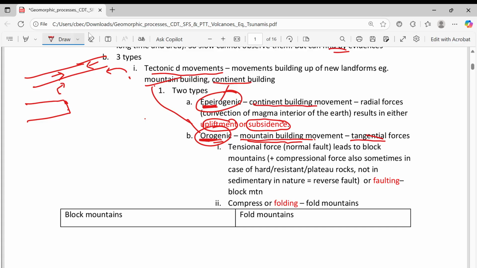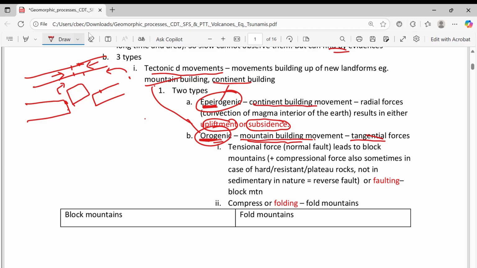So when it is pushing, it will break, here and here. Some block can go upward and it will remain like this. When you see from here, it will look like a mountain. This is what is called a block mountain. This is orogenic, meaning a mountain has formed.